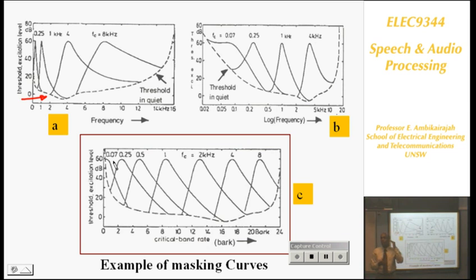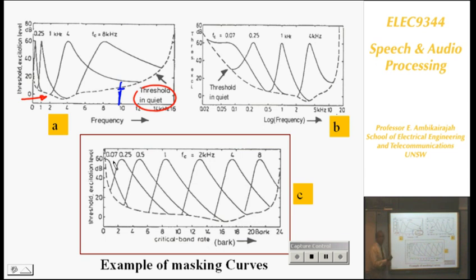When there's no signal at your eardrum, at very quiet, pin drop silence, you will find the auditory system is set up at threshold level. A lot of people ask me, what does this threshold in quiet mean? It means that if this is the threshold set up by your auditory system in a normal quiet environment, and now you want to hear a sound of that particular frequency, its amplitude has to be above that level.